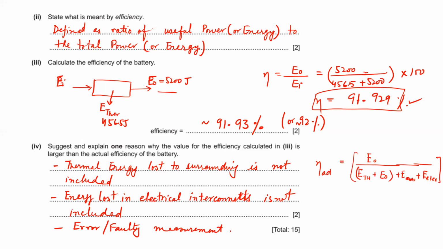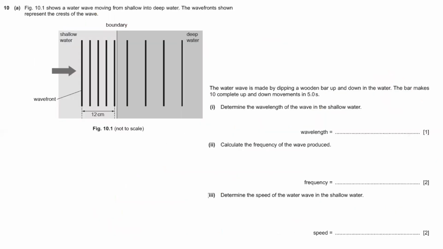If we add these values and multiply by 100, the actual efficiency will be much less than what we calculated earlier. This is how we can solve that question.